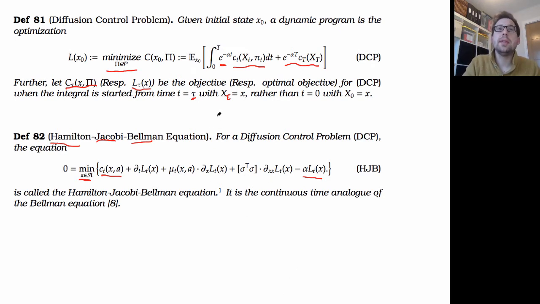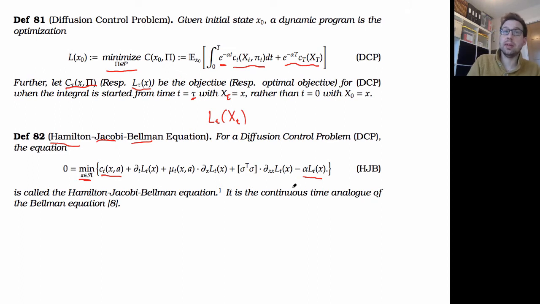You can notice that if I was to look at the process L_t(x_t), and I was to try to derive Ito's formula for that, so we've got a function of x_t and t, I could expand this and apply Ito's formula and look at the drift that occurred.